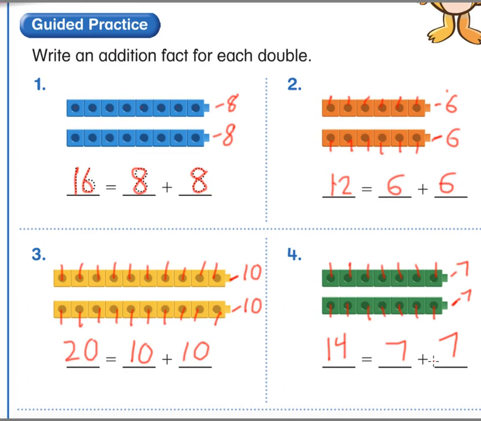And then for every doubles fact you see, you circle the whole thing. That's it. Just show me that you can point out doubles facts when you see those number sentences, okay? So do all the addition, circle the doubles facts, and make sure you try number 20, okay?